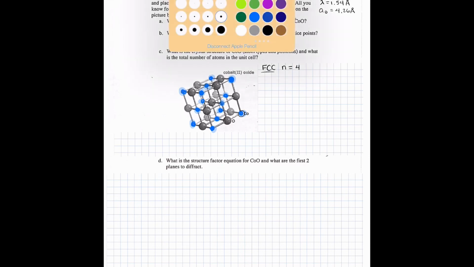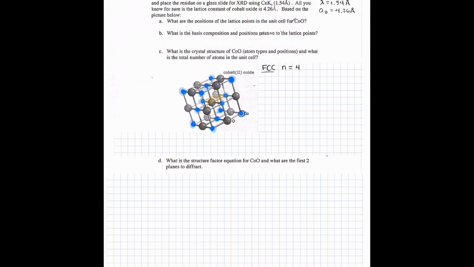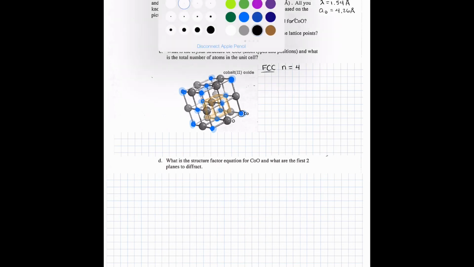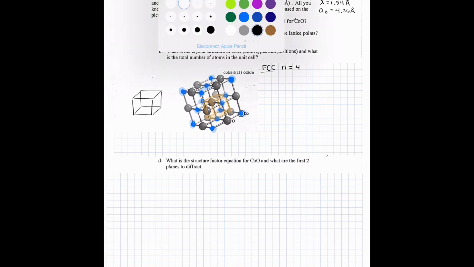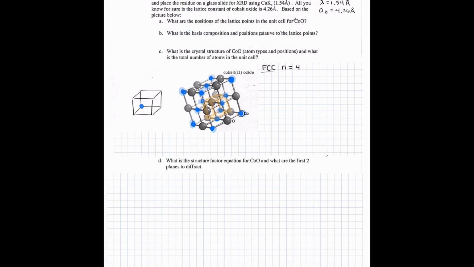Now we're going to take the same method I talked about before, that eighth of a cube method. You take that corner right there. It may be a little bit hard to see, so I'm going to redraw it. You're going to have a cobalt here, here, here, and here, and every other position you're going to have an oxygen.